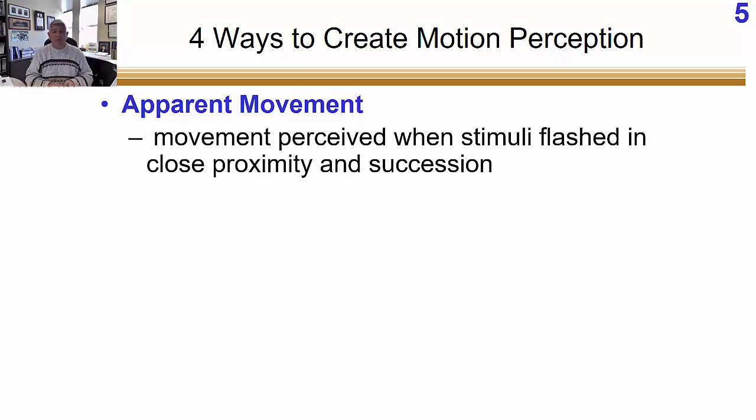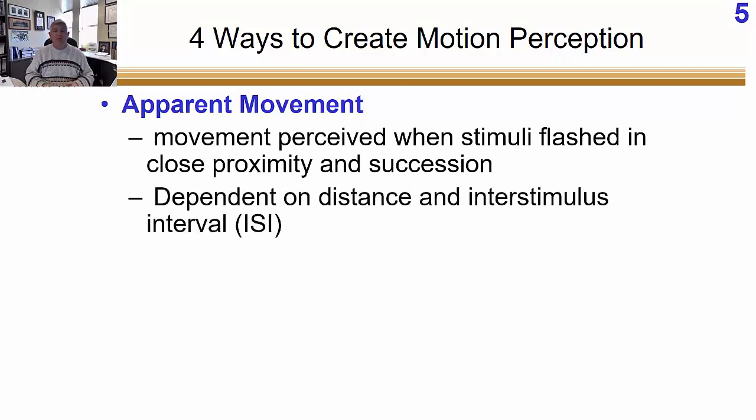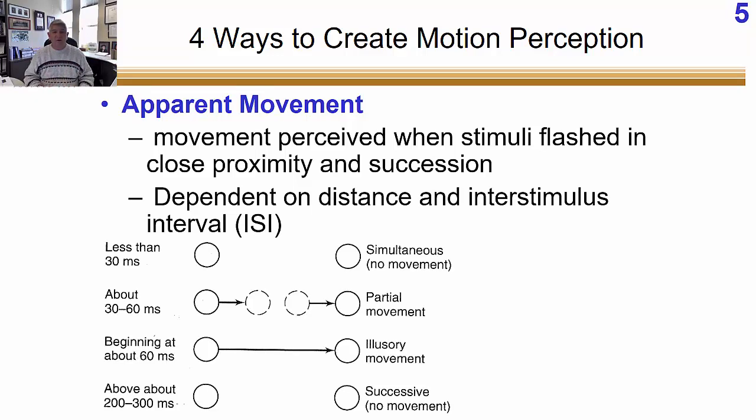We talked about apparent movement also when we talked about the stroboscope, where if you flash two lights and you vary the onset, the interstimulus interval, the time in between each one, there's sort of a sweet spot, depending on how far apart they are. So if you flash them too quickly, then it looks like they happened at the same time. We can't tell that there's a delay.